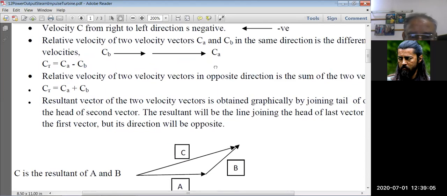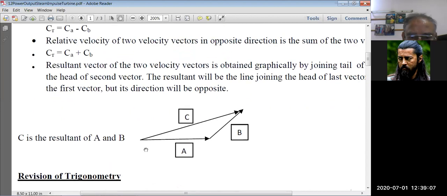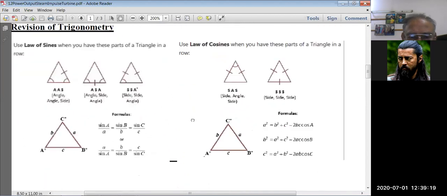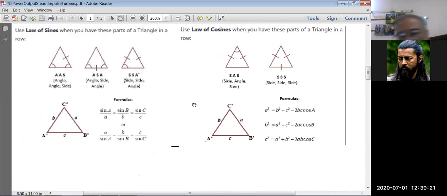So with the help of straight lines and angles, you can draw a triangle which is called a velocity triangle. For example, this is a velocity triangle. One vector A, vector B, and vector C. A plus B is equal to C. So you will need these things. And in trigonometry, some laws are there, trigonometric identities. For example, if two sides and one angle are known, we use the law of sines, which is written here.